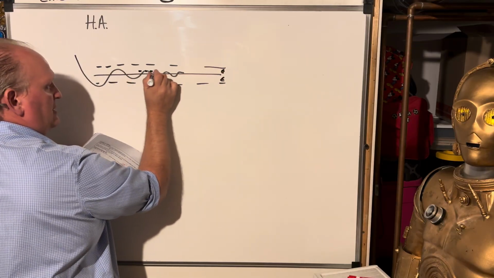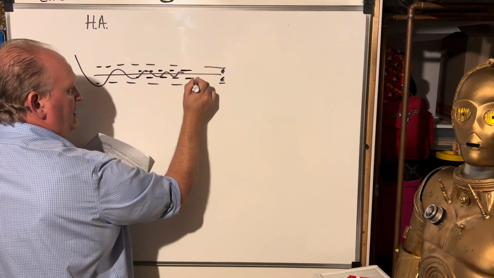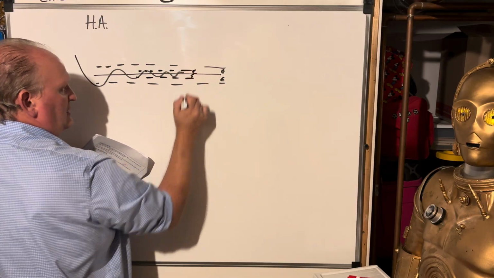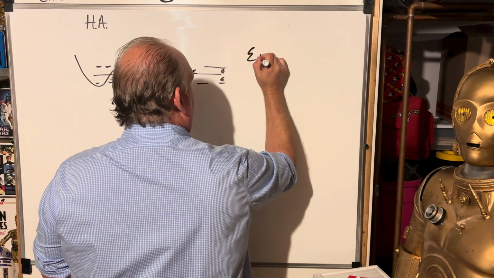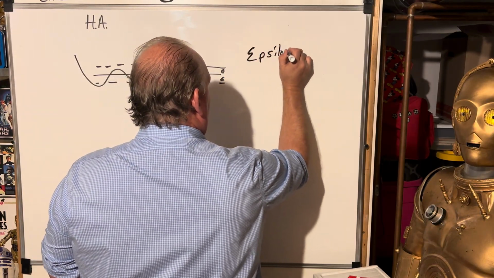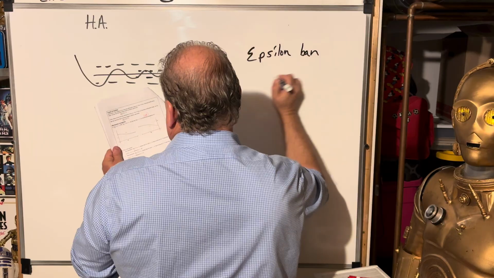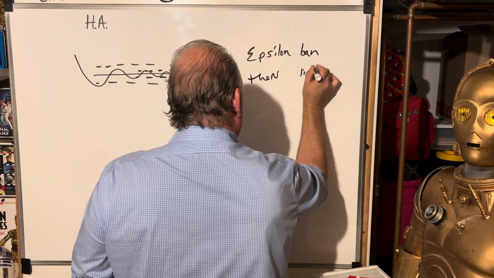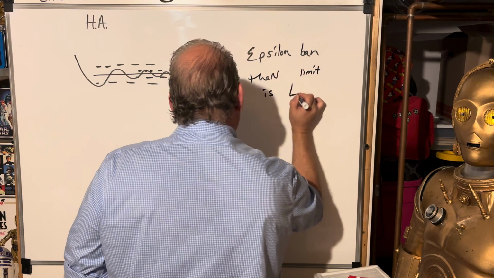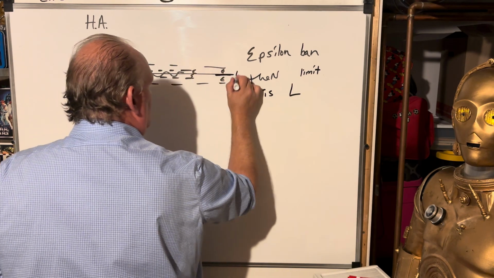Like we can do a smaller epsilon band. So those little e's right there are called an epsilon band. And then the limit is L. It's an actual number, L.